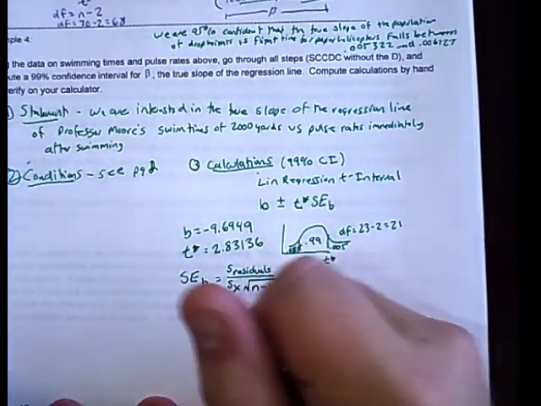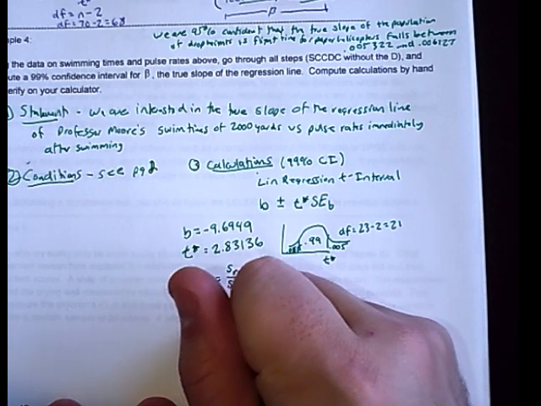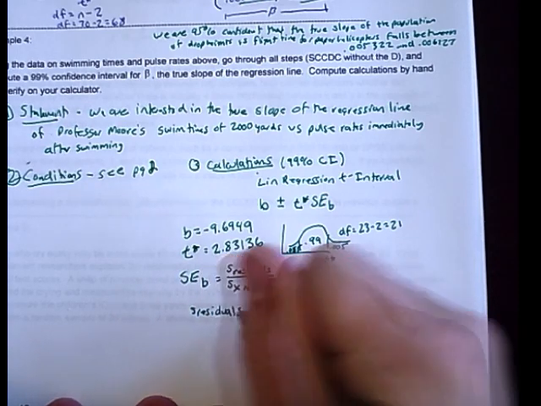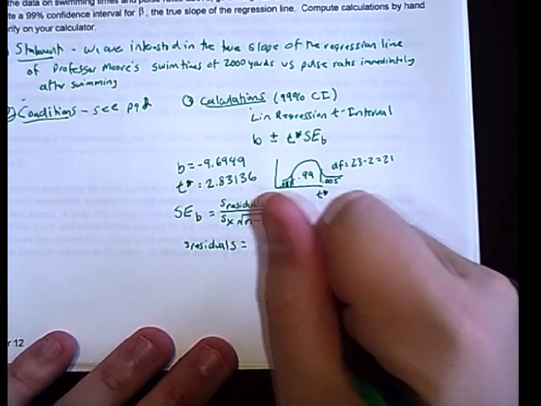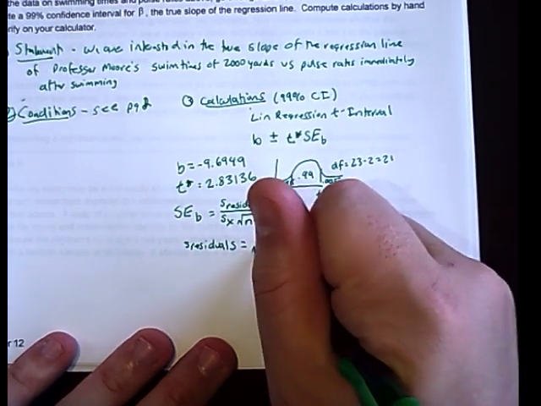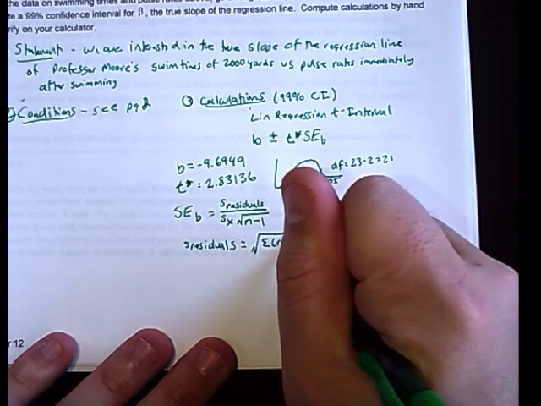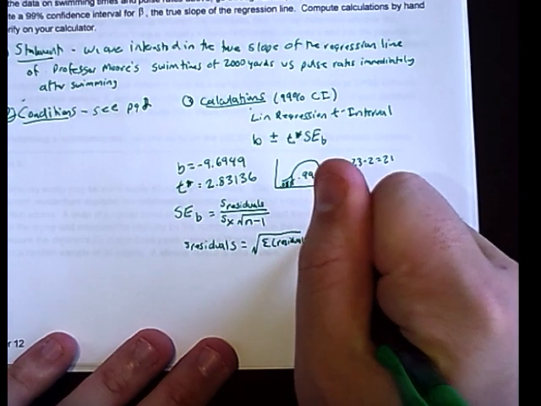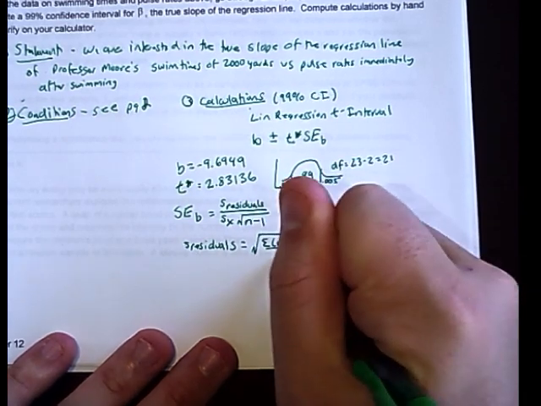But the standard deviation of the residuals has its own formula. Alright, that's a big square root. It's the square root of the sum of the residuals squared all over n minus 2.